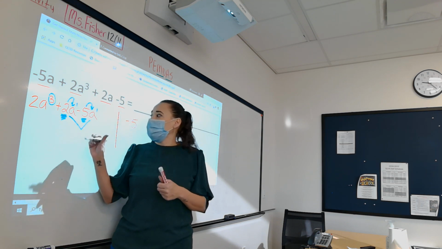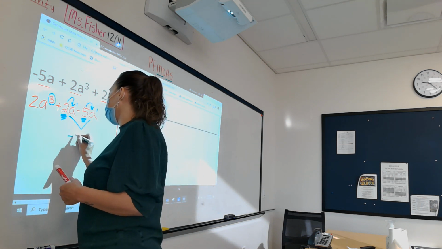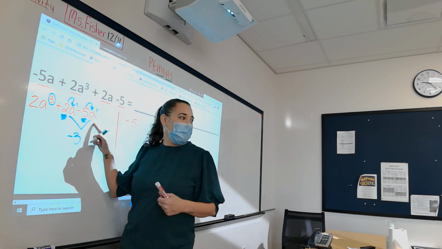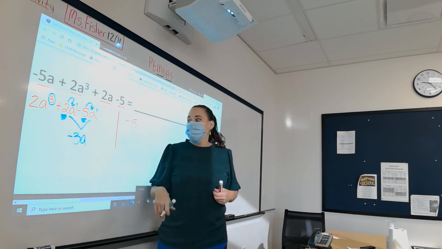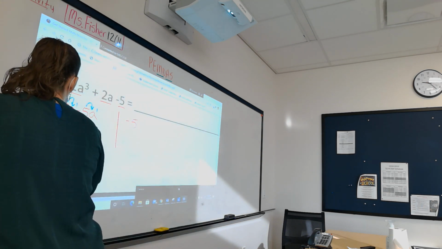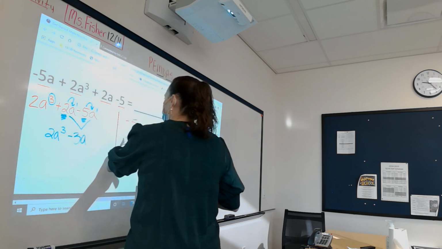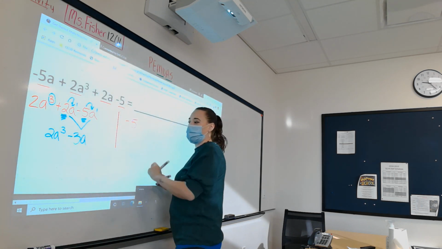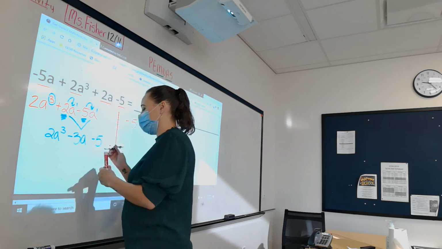You would just simply say 2 minus 5, right? That would give you the negative 3, and then you know you have to add the a to the back of it, right? So now I have the negative 3a. I put the 2a cubed in front of it. And then I know I have minus 5. Final answer.